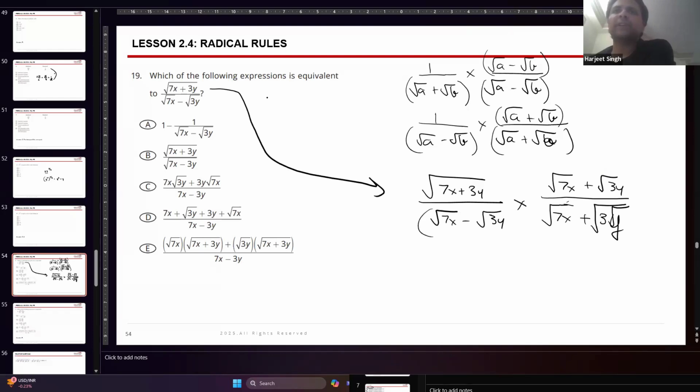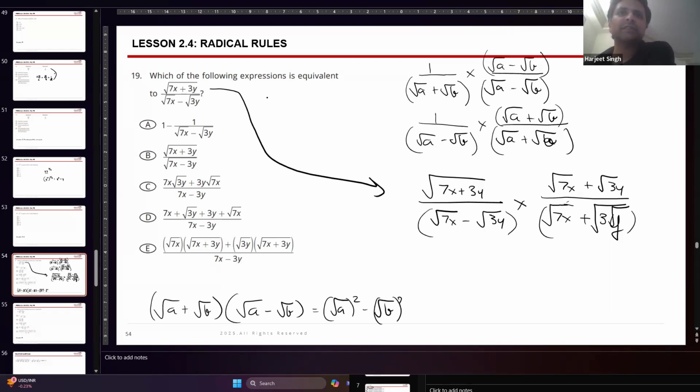Now, when I look at the denominator, root A minus root B into root A plus root B, can I say it becomes root A square minus root B square?